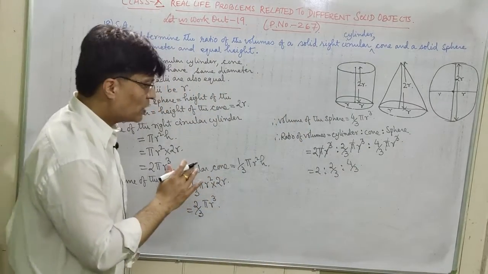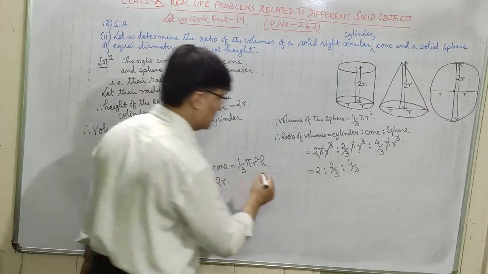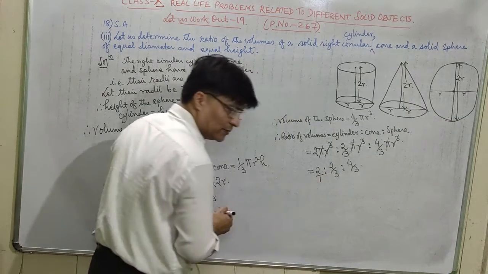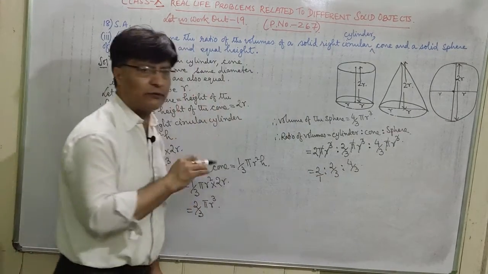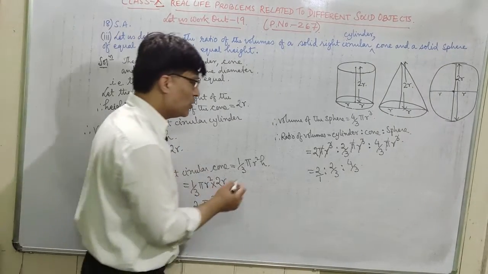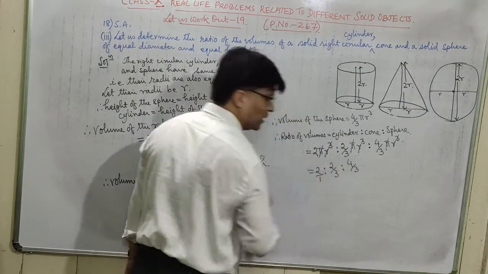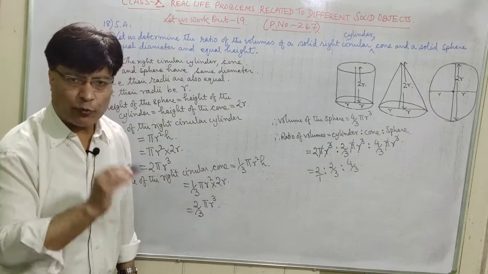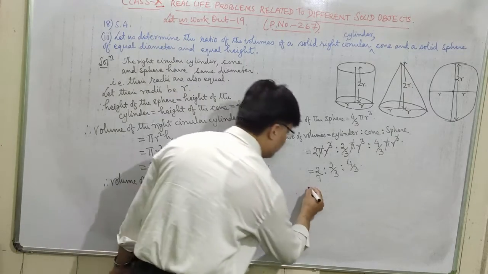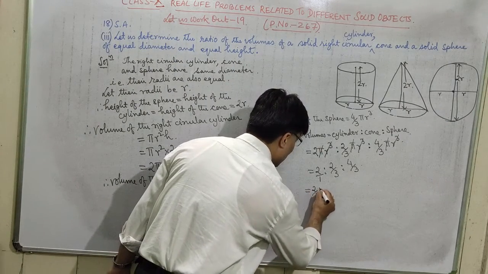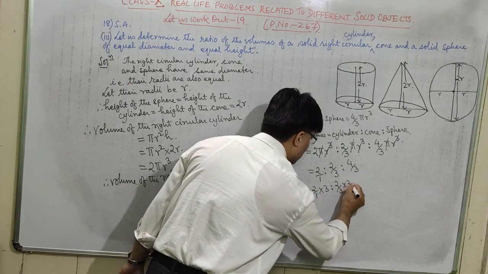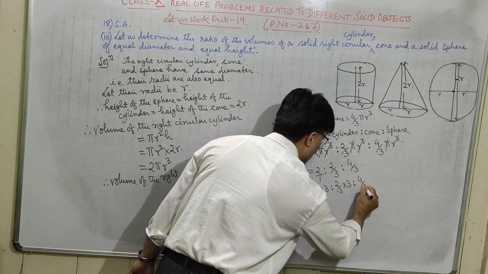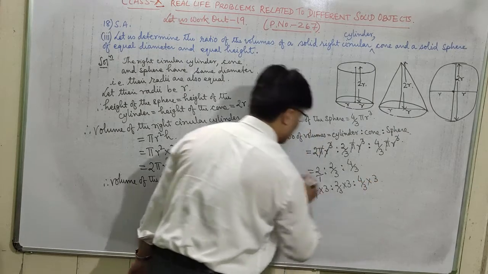Okay. So you have to convert this fraction into whole number. Below 2 there is 1. So let us take the LCM of the denominators 1, 3 and 3. The LCM of 1, 3 and 3 is 3. So it is equal to 2/1 into 3 is to 2/3 into 3 is to 4/3 into 3.